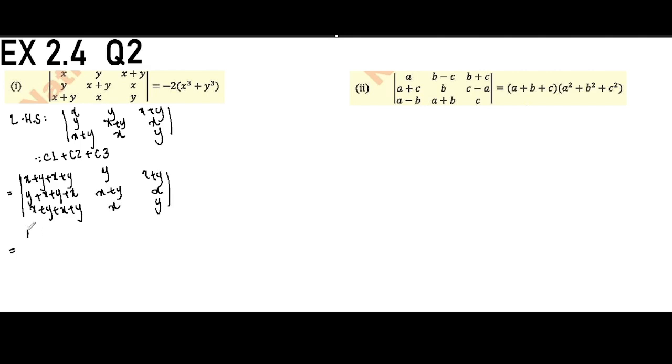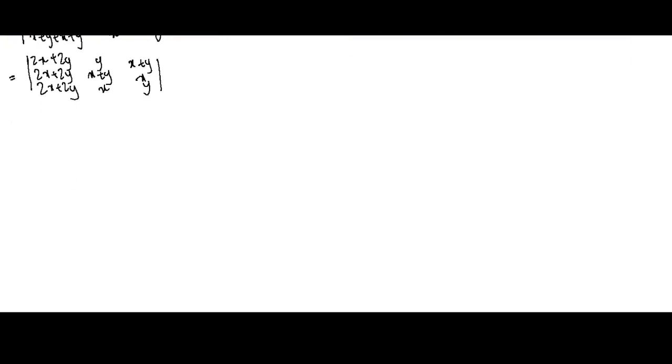Now this is equals to x plus x is 2x, y plus y is 2y, and same goes for the rest of the rows as well. 2x plus 2y, and the rest of the columns will be written as it is. Okay, now let's scroll a bit downwards.